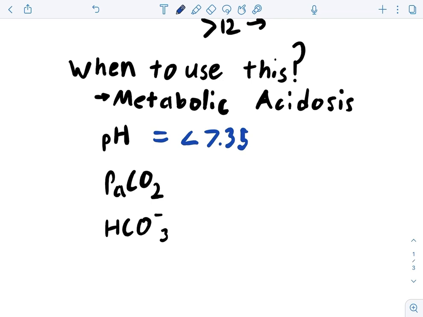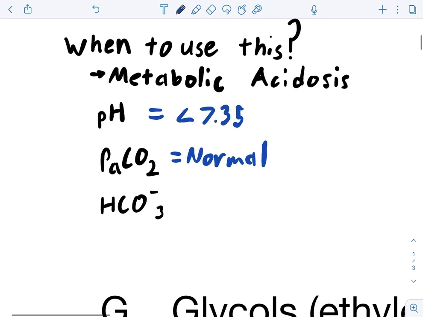Now for a metabolic acidosis, the PaCO2 generally will be normal. And that intuitively makes sense, right? Because if the PaCO2 was elevated, because CO2 equals acid, then it would likely be a respiratory acidosis, not metabolic. And then the final component of this is you want to look at your bicarb, and then your bicarb will be low, and by low, that specifically means less than 22.